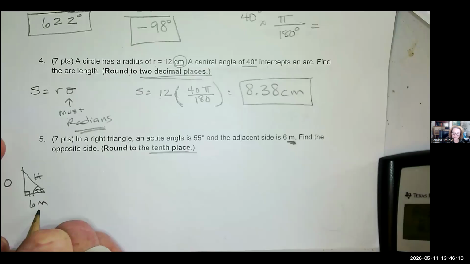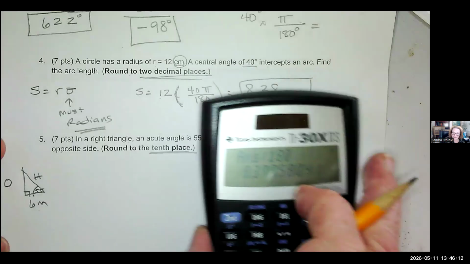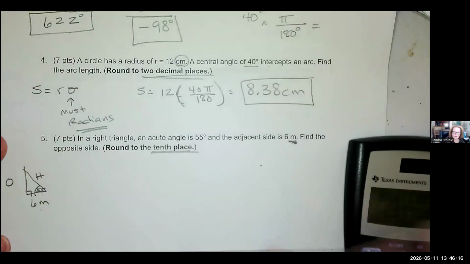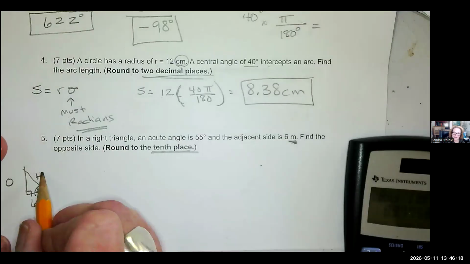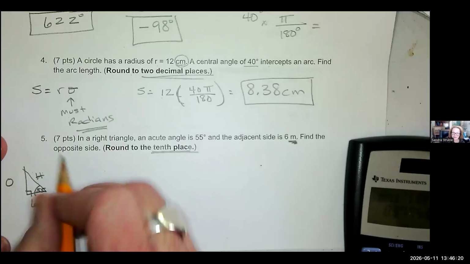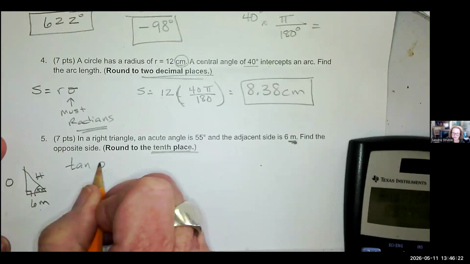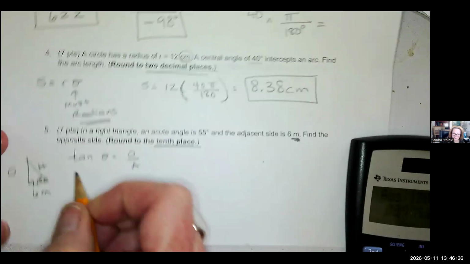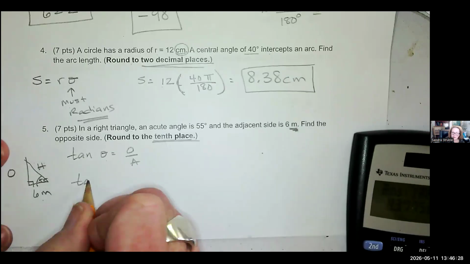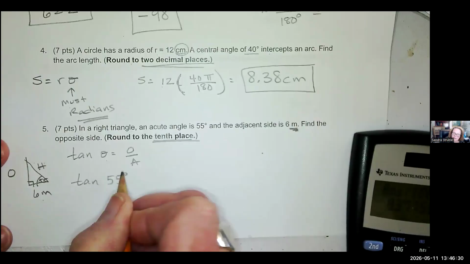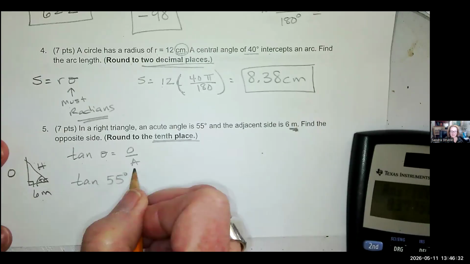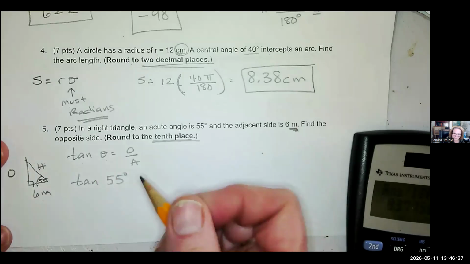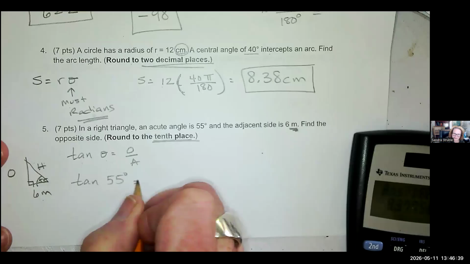Out of sine, cosine, and tangent, I can only use tangent, because sine uses hypotenuse, cosine uses hypotenuse, only the tangent of theta is opposite over adjacent. All right, so the tangent of 55 degrees, you can never write just tangent. It's tangent of an angle. Tan doesn't mean a dang thing if you don't have an angle with it. So it is equal to the opposite, which we don't know what it is, over the adjacent 6.